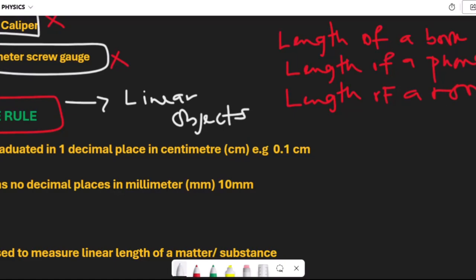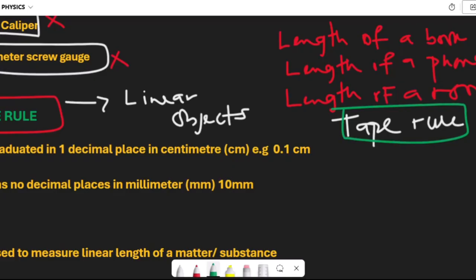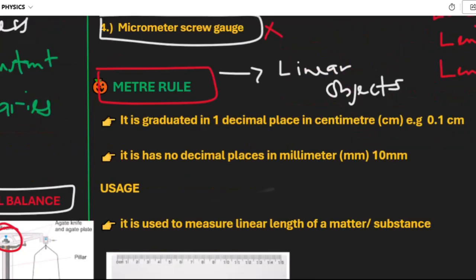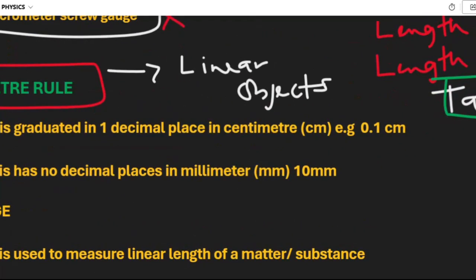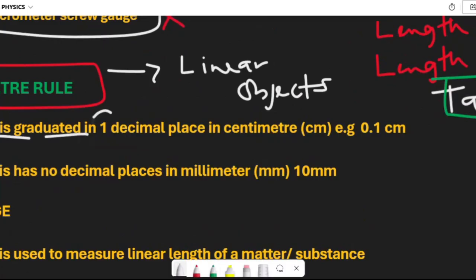Why do some people make use of a tape rule? The meter rule and the tape rule have the same graduation or calibration. But now let's see how they are used and what they are measured in. The meter rule is graduated to 1 decimal place in centimeter. For instance, the smallest unit is 0.1 centimeter.